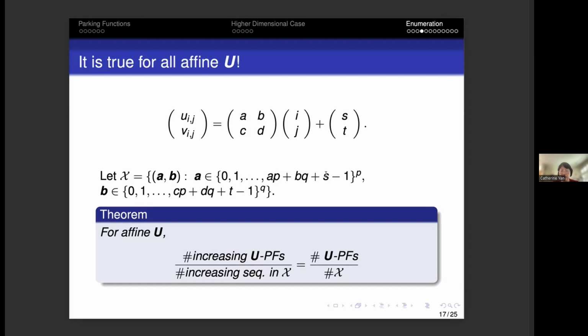This final value is the maximum value allowed by the weight. Then we can prove that for all such weights, the proportion of increasing vector parking functions over pairs of increasing sequences in this range is the same as the ratio of all the parking functions over all possible sequences. And this is actually true for all dimensions.